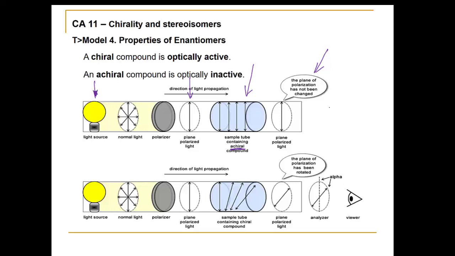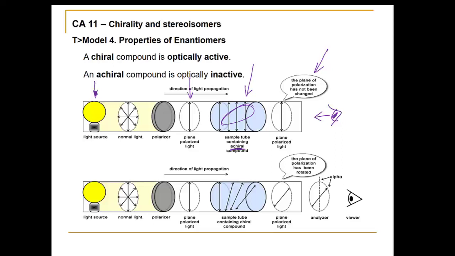We can set up a detector and take a look at what this looks like, and we know how the light was oriented going in, and then we can see that it didn't change coming out. So we can say, oh, the solution here is optically inactive.